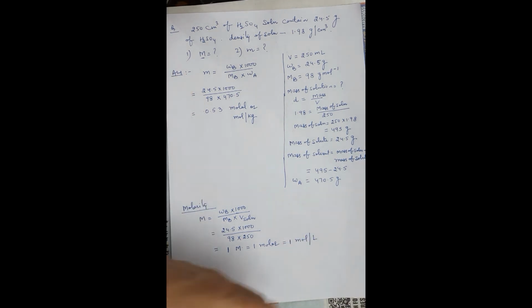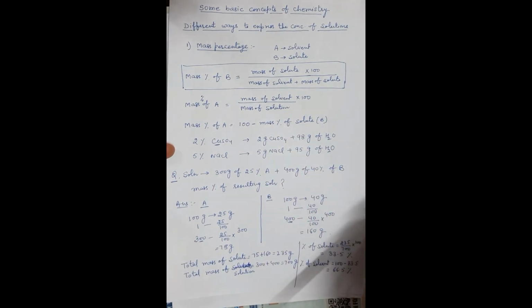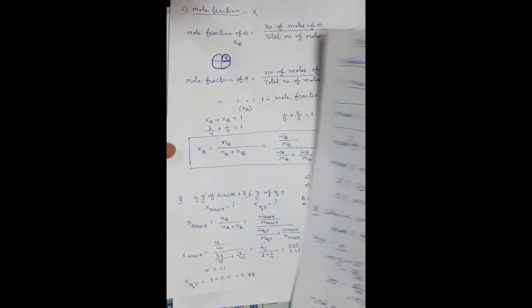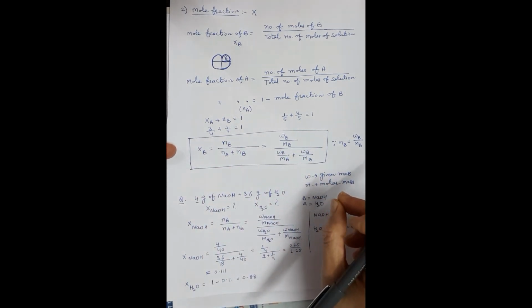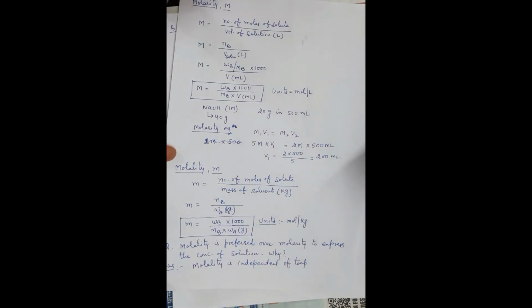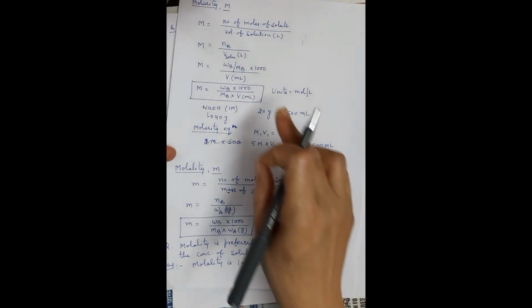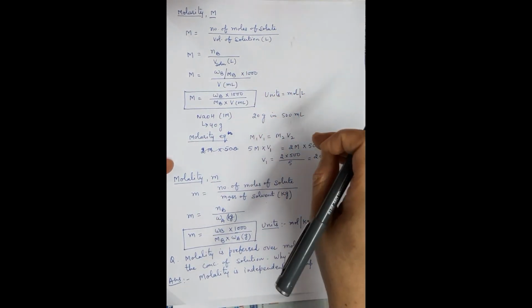So children, today we have done different ways to express the concentration of solution. I hope you might have concentrated. One of them is mass percentage, which is an easy one. Mole fraction, which is number of moles of that particular component divided by the total number of moles of solution. Then molarity. Molarity is number of moles of solute per unit volume of the solution.